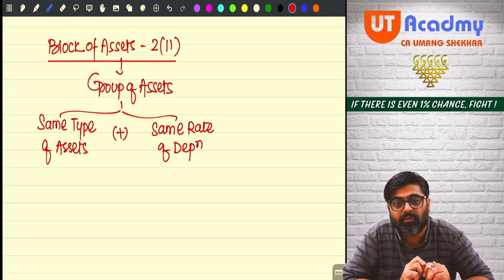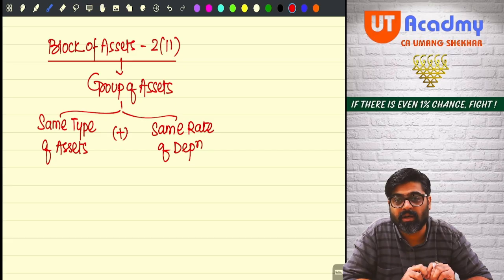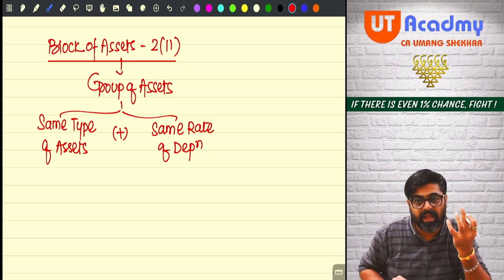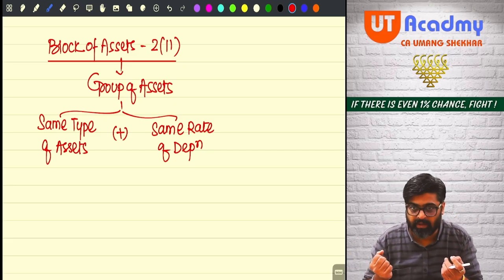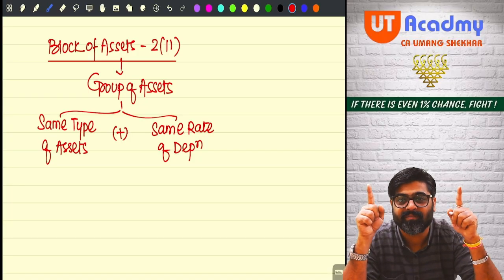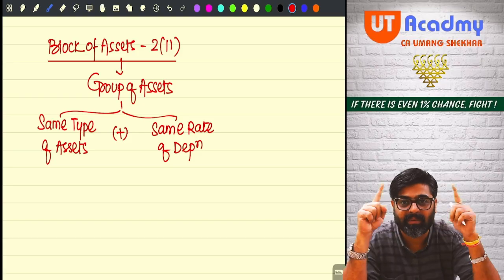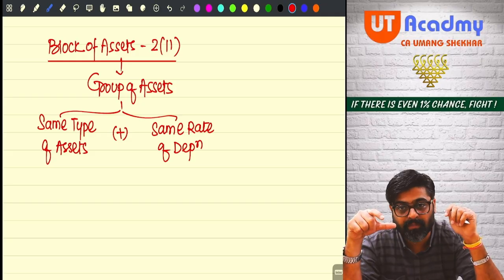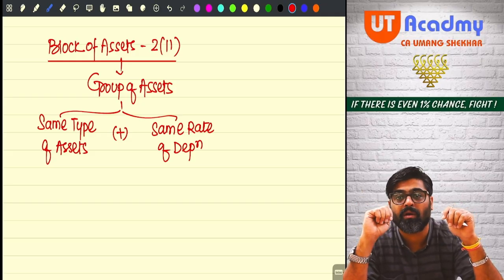Sir, furniture also has 10% rate, sir. So, building having 10% rate, furniture having 10% rate, 10% rate is same, but assets are different. Same type of asset or different type of asset. So, furniture having 10% rate will be a separate block.